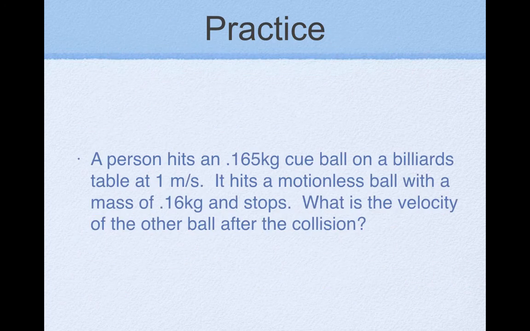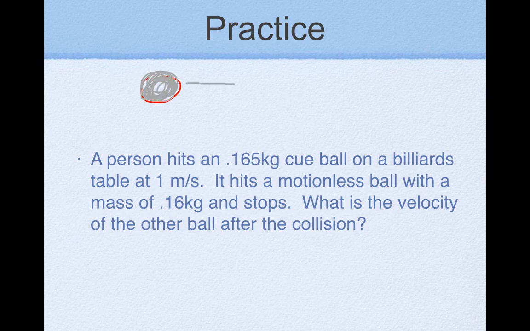So here is one for you to try on your own. A person hits a 0.165 kilogram cue ball on a billiards table at 1 meter per second. It hits a motionless ball with a mass of 0.16 kilograms and stops. What is the velocity of the other ball after the collision? The cue ball technically should be white, but we're going to go with gray.